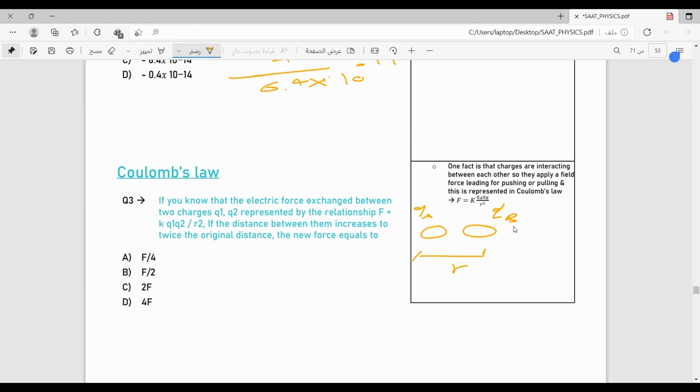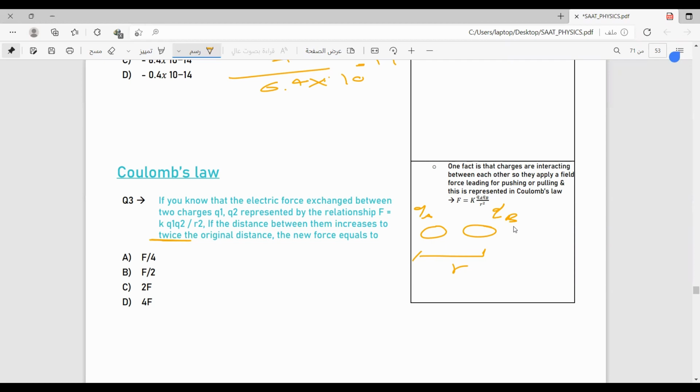I see Nasser saying B. Nasser, what is the meaning of this? He's telling us that the distance between the two charges increases to twice, which means double.